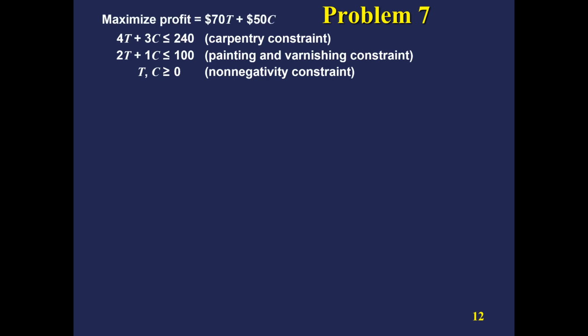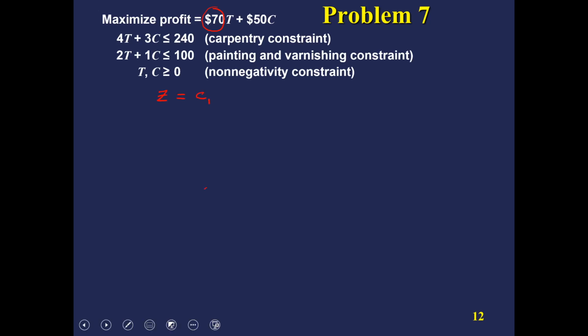So the formulation is given, and what we want to find out is the coefficient range, for example the profit range of the table. So let's say Z is equal to, and instead of putting 70 here, we just put C1.